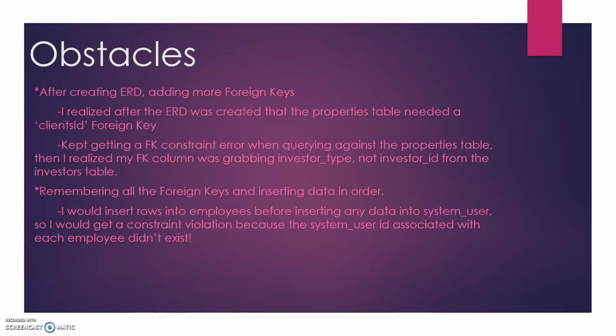For example, I would insert rows into the employees table before inserting any data into my system user table. So I would get a constraint violation because the system user ID associated with that employee didn't exist yet. And so that was my biggest frustration, having to go back and create foreign keys where they needed to be.